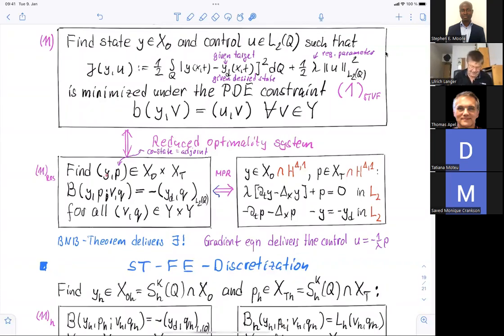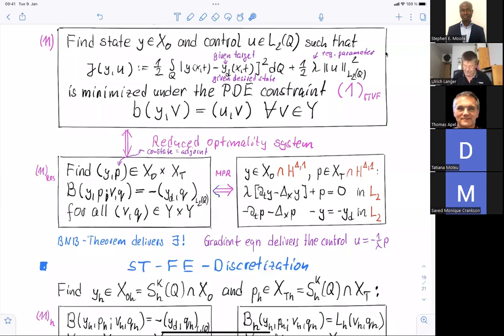The state has an initial condition, the co-state has conditions on the final state, so 0 on the final state. So we look for the solution of the system, which is equivalent to the optimal control problem, and you can easily prove we are in the setting of maximal parabolic regularity here.